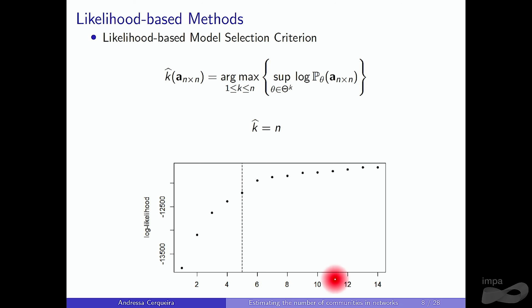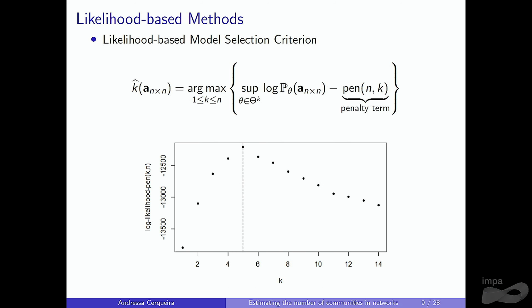So what we can try to do is, in some sense, penalize big values of k, right? I don't want to have a model that's very complex. I don't want to add a lot of parameters in my model. So what I can do is just add here a penalty term.